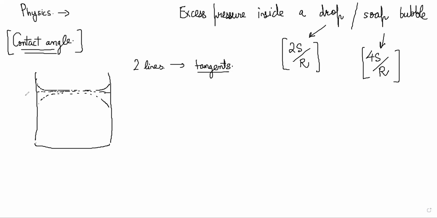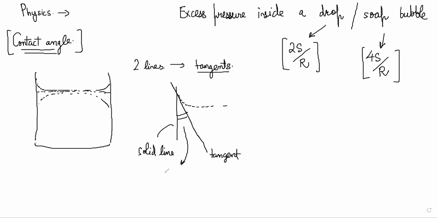So for the liquid surface, draw a tangent line to the liquid surface. This tangent and this wall, this solid line, the angle between them is defined as the contact angle, theta contact.